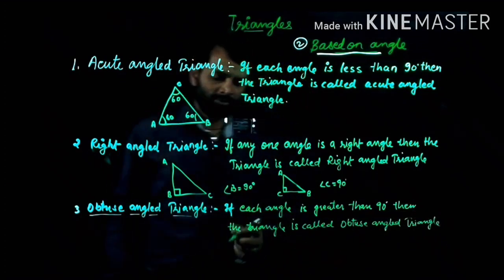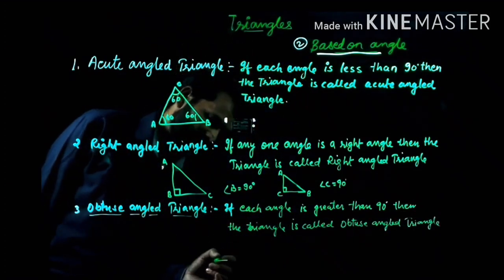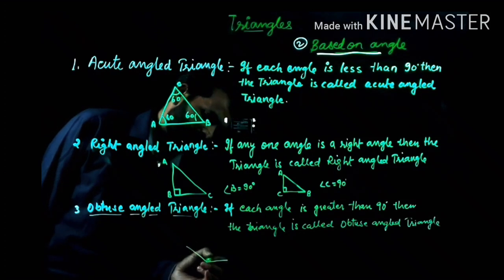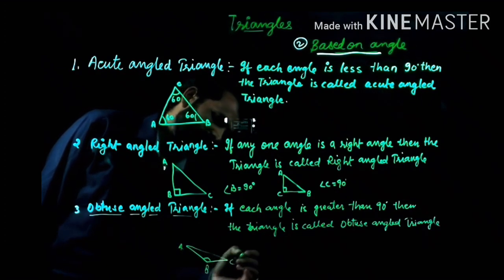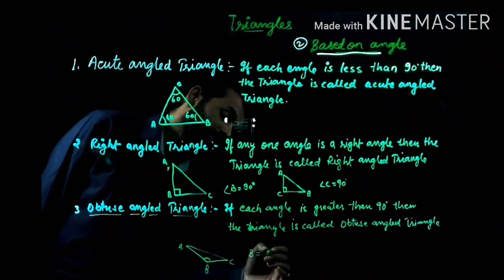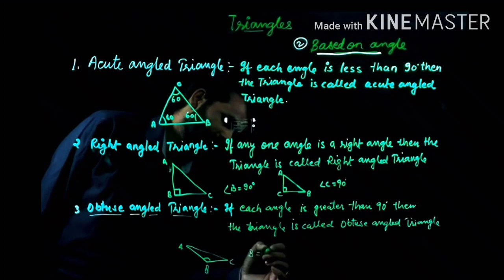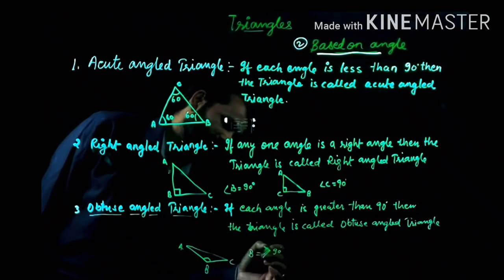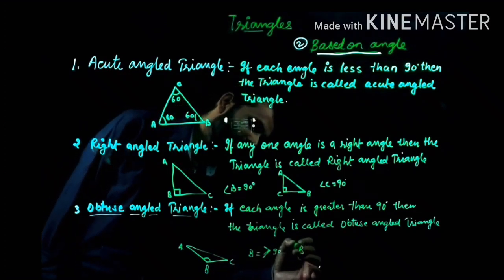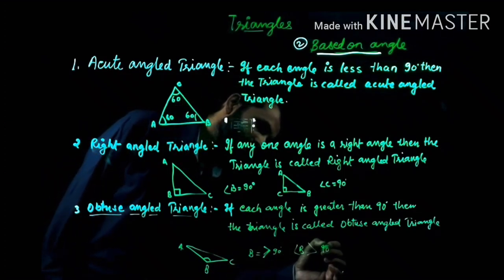Revise this type of diagram. Suppose this is the baseline and your triangle is this, this is the angle, this type of triangle A, B, C, where angle B is greater than 90.